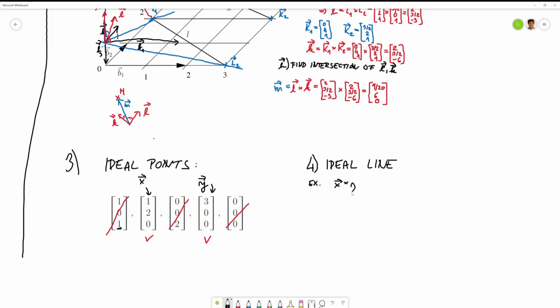Because everything is up to scale, if we create a cross product of these 2 points, (1, 2, 0) and (3, 0, 1), you will get (0, 0, -6). In general it is up to scale, so it is (0, 0, k) where k is some real number.